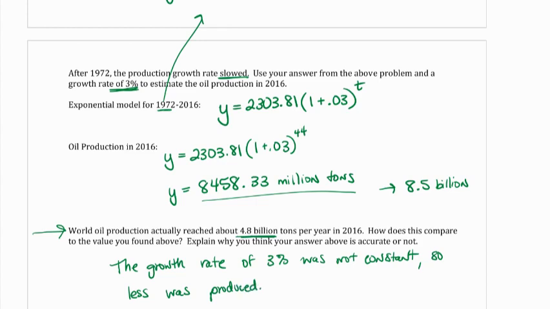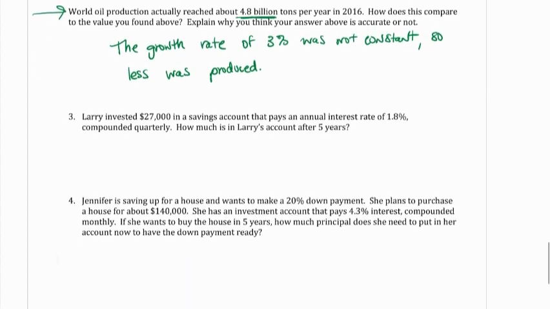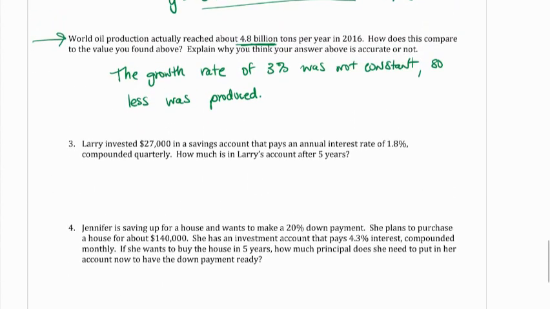Okay, we've got a couple more here. These are more just plugging into our formula, making sure we know how to do those. This is using our compound interest stuff. Larry invested $27,000 in a savings account that pays an annual interest rate of 1.8%, compounded quarterly. We've got our starting amount, our interest rate, compounded quarterly, and we want to know after 5 years.